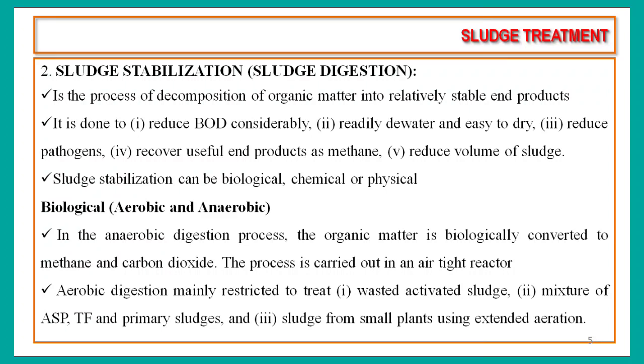Sludge digestion is done to reduce the BOD of the sludge considerably, so that it readily dewaters and is easy to dry. It also helps reduce the number of pathogens present in the sludge, recover useful end products like methane, and reduce the volume of sludge.